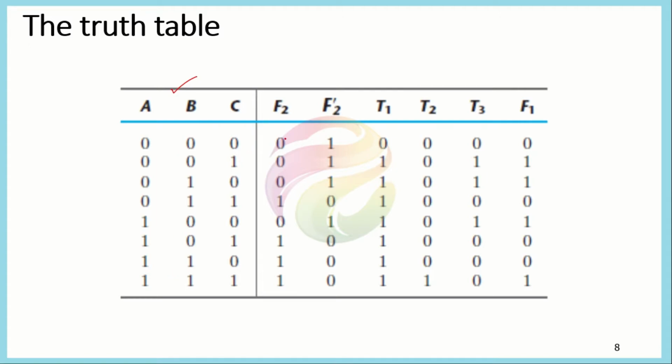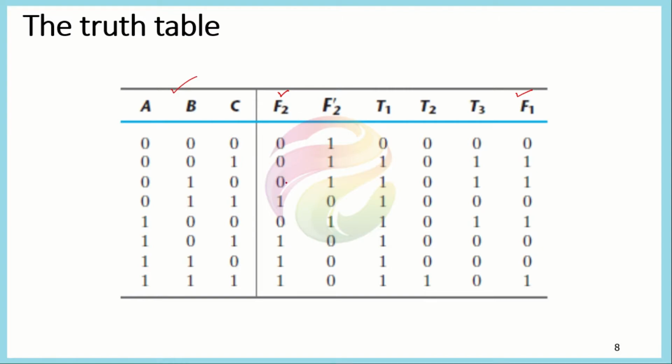And then we try to calculate all the intermediate variables and the output variables that are involved in the system. Basically, there are two outputs, F1 and F2, while the rest are the intermediate variables that we have defined for our own ease. So we keep on calculating each term.